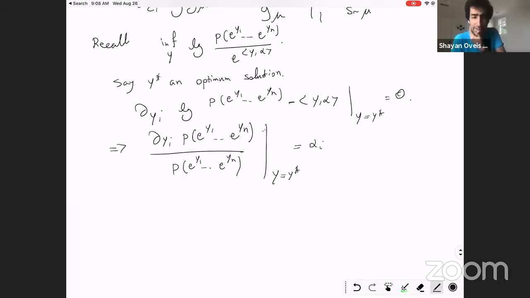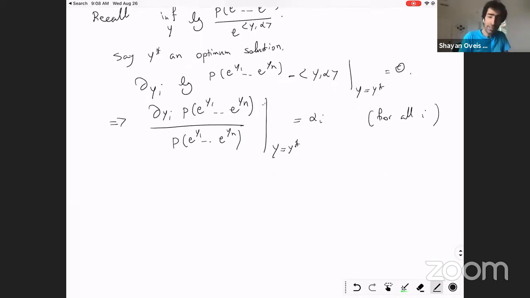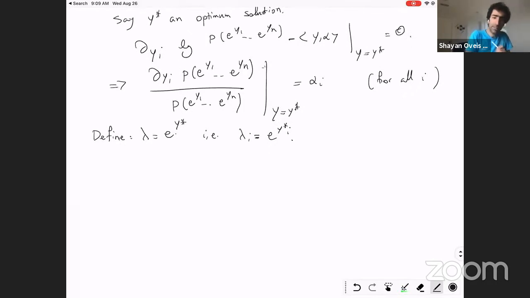Now let's understand this thing. We have this identity, and we have this for all i. Okay. So what does this mean? Let's define this lambda, the external field that we're interested in, to be e to the y star. In other words, lambda i is equal to e to the y star i. Now here is the important fact.